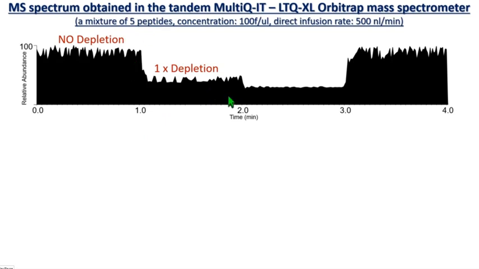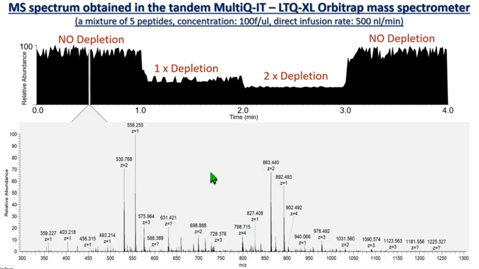I freely substitute those 2 terms. Then we switch the second MultiQ ion trap in depletion mode, and then return back. Here's just a spectrum, a single scan, just to emulate sort of fast acquisition during an HPLC run. It's a good spectrum. All peptides are there, but we also observe a few abundant singly charged species.